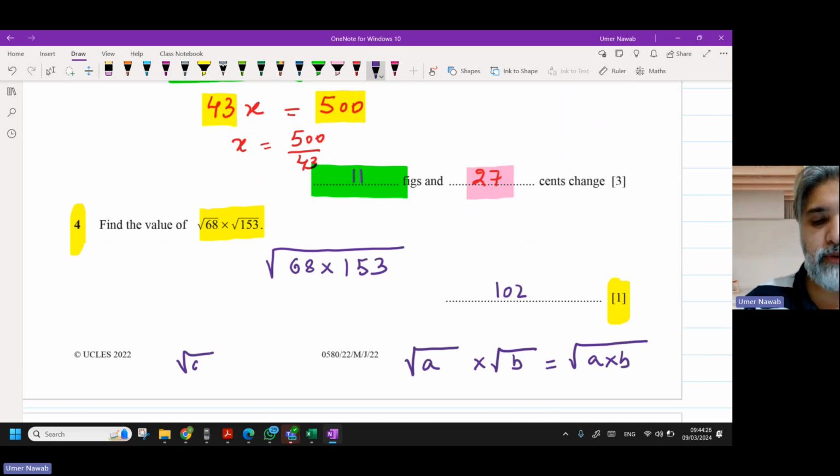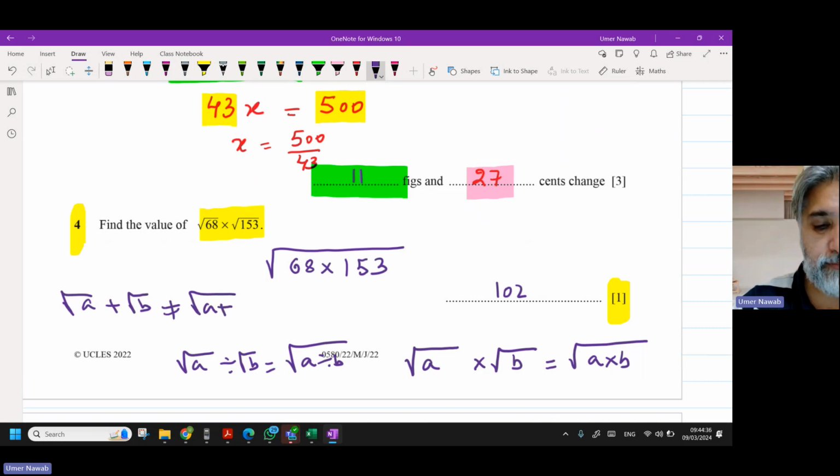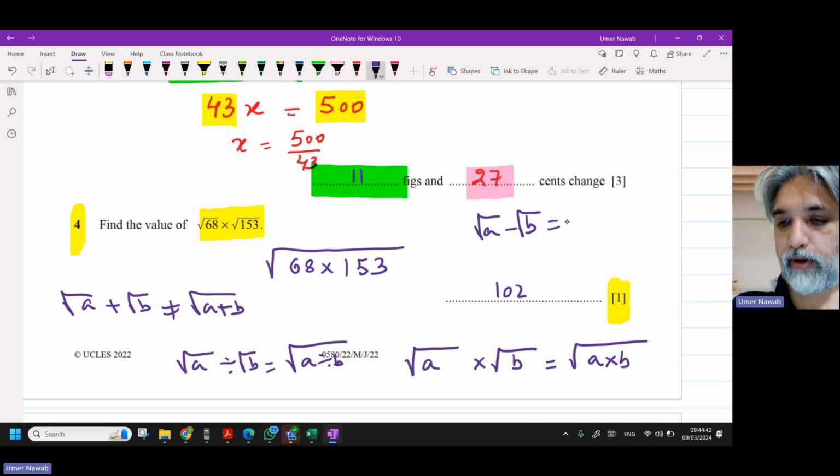And also square root of a divided by square root of b can be written as square root of a divided by b. But if it is square root of a plus square root of b, you are not allowed to write square root of a plus b as a whole. And if there is a minus sign, you are not allowed to write a single square root having a minus b in it. So it's not allowed.